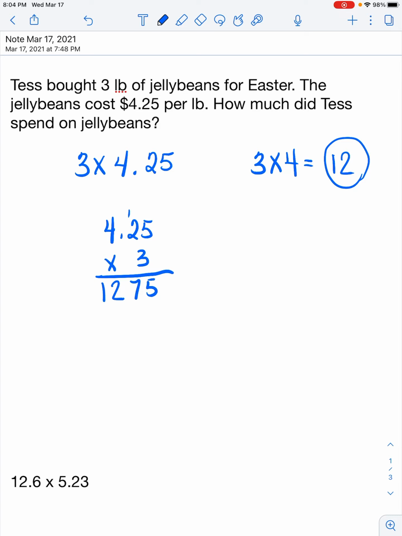So looking at my estimate, there's only one place to put that decimal point where it makes sense, and that's between the 2 and the 7, so that I can say that Tess spent $12.75 on jelly beans. Okay, so that's the way that I do it, especially in the context of a word problem.